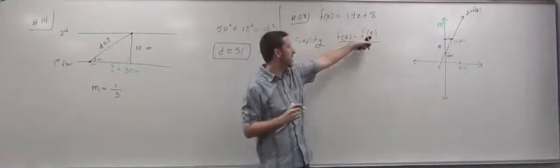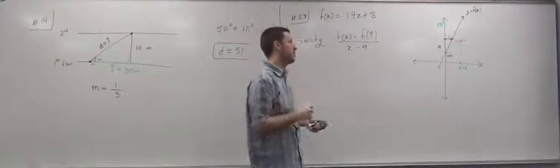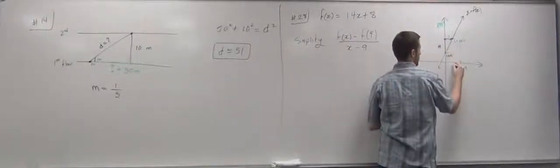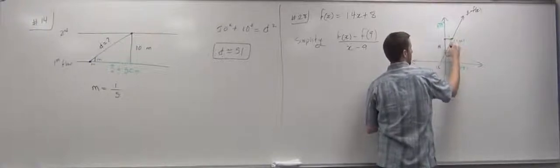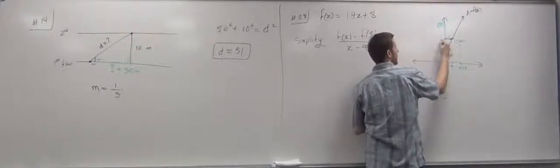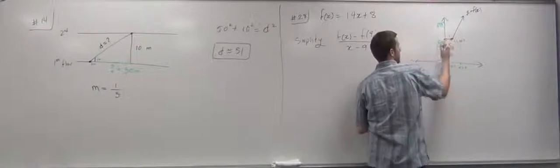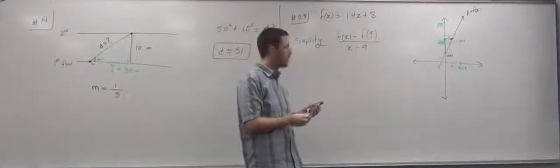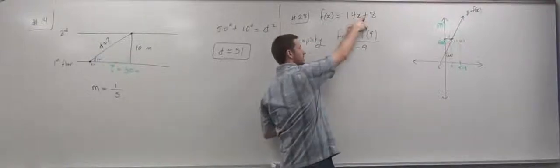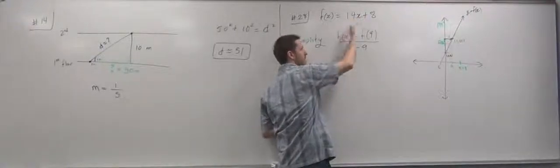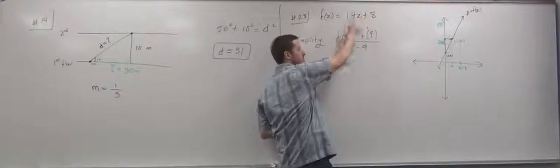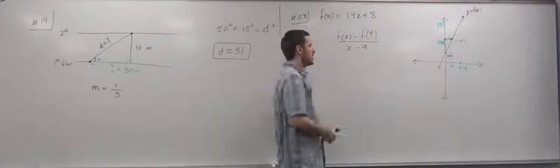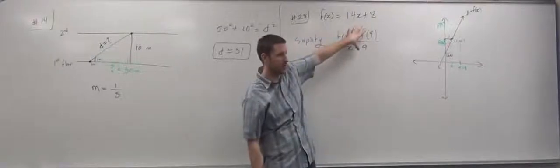If instead of 9, I go to just some random x value, and I go up to my graph, then this y value here would be f of x. So this is a difference in two y values. F of x minus f of 9, that's the difference in two y values. X minus 9, that's the difference in two x values. So this represents a slope.